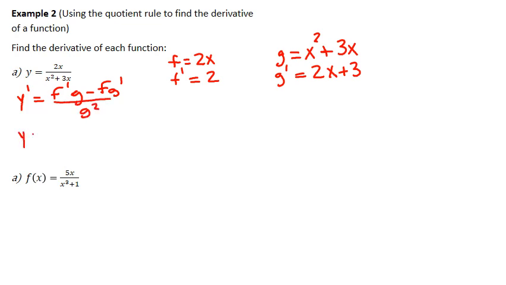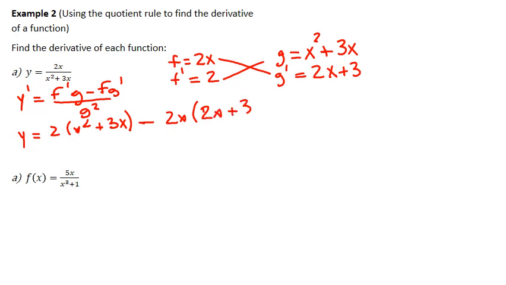So my derivative will be f prime times g minus f times g prime all divided by g squared.